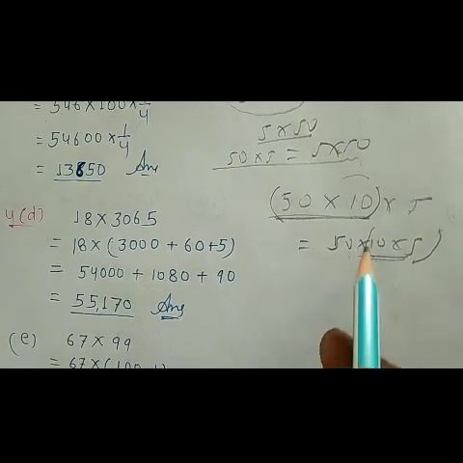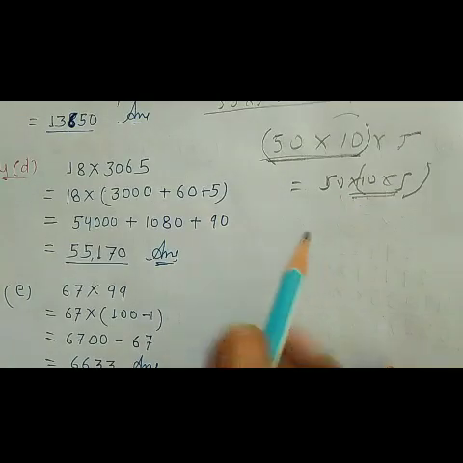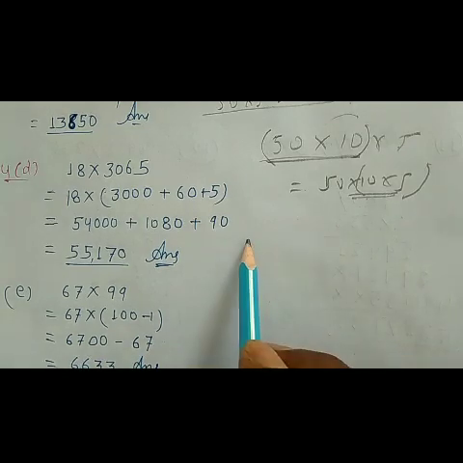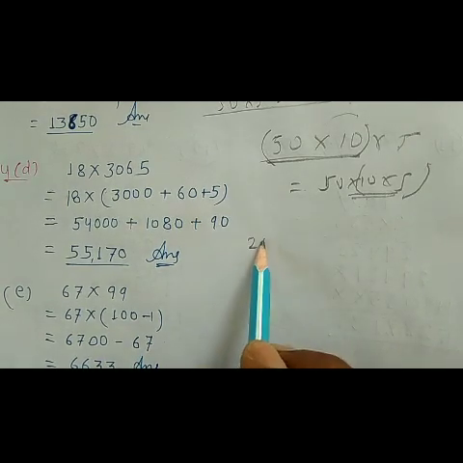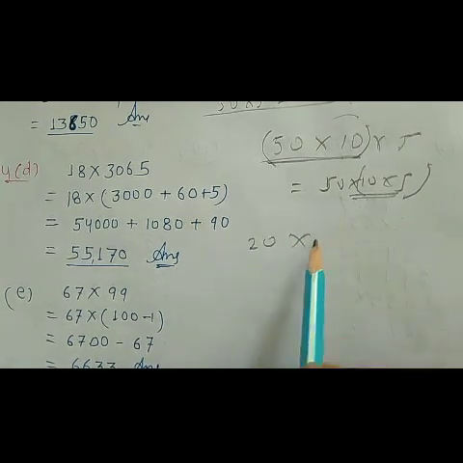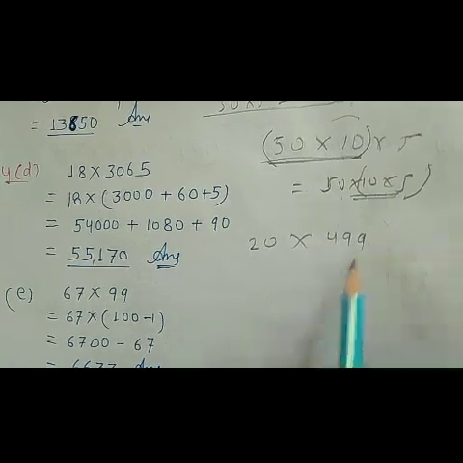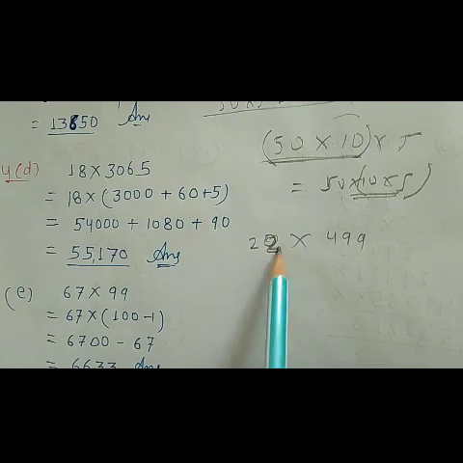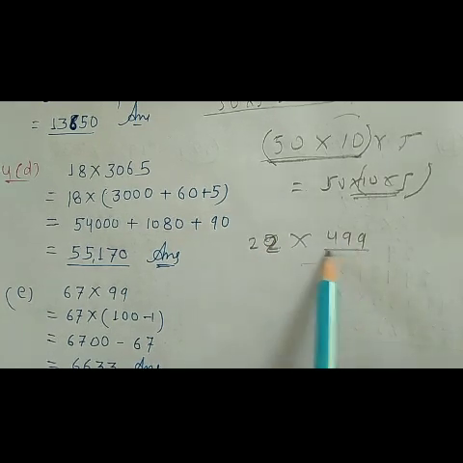Now next is the distributive property, or distributivity, that will be used in this exercise. Suppose that we have to multiply 22 with 499.